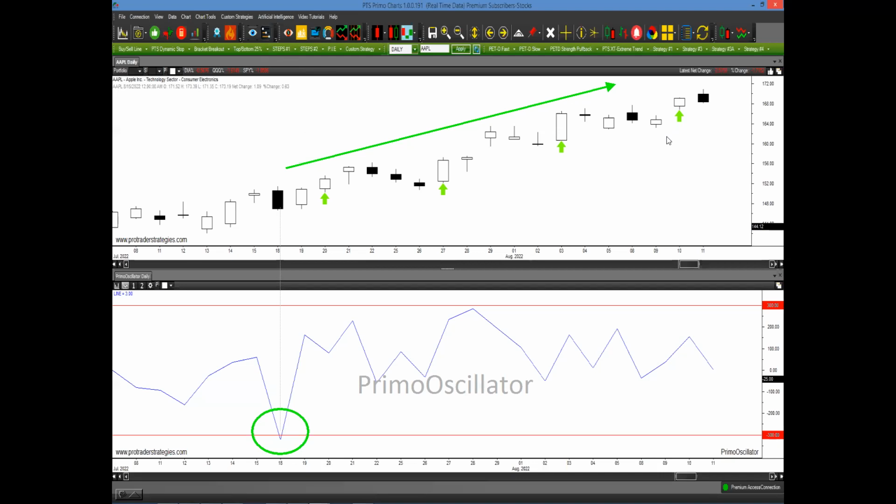Well, once again, using bonus number 3, click on dynamic stop, and you'll see that these are auto-generated on our platform. They come exactly where they should be just by using the proprietary formula. And this would have kept you in the entire time. So these are fantastic bonuses. As I said, I taught separate courses for each of these bonuses, and these are included within the Primo Oscillator course.